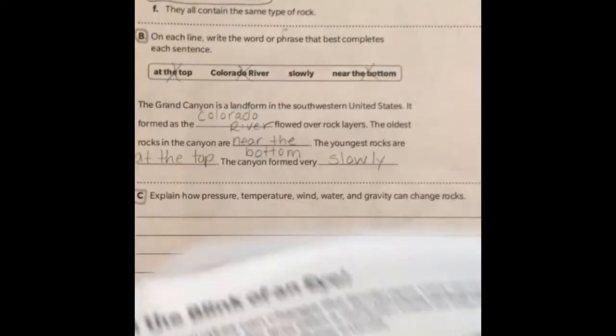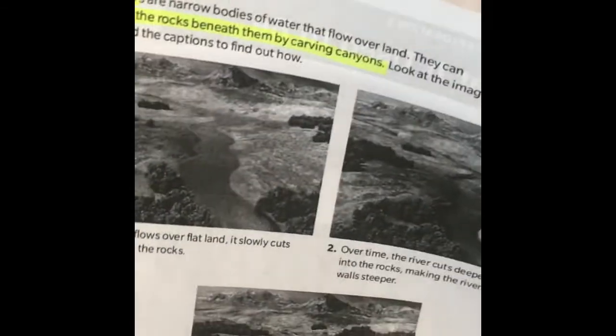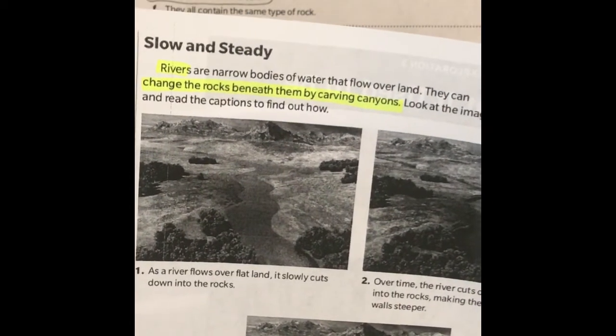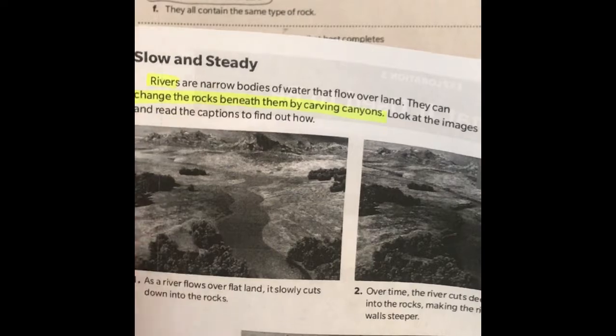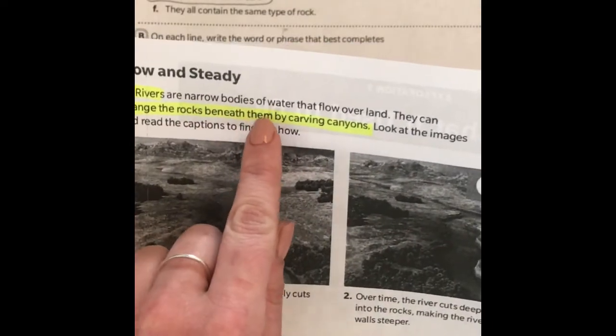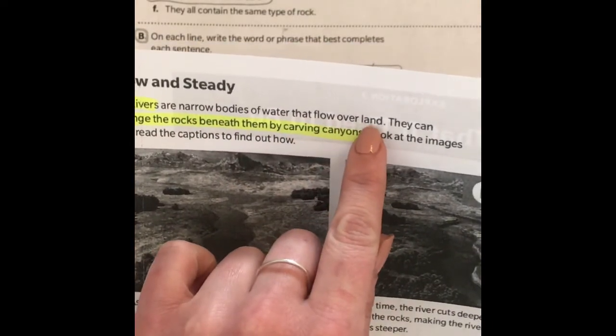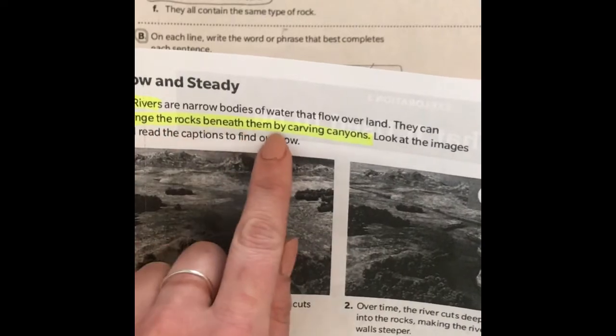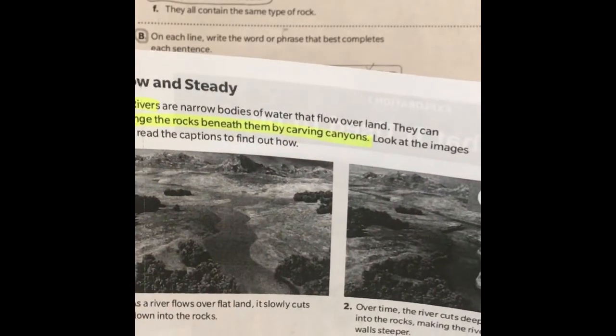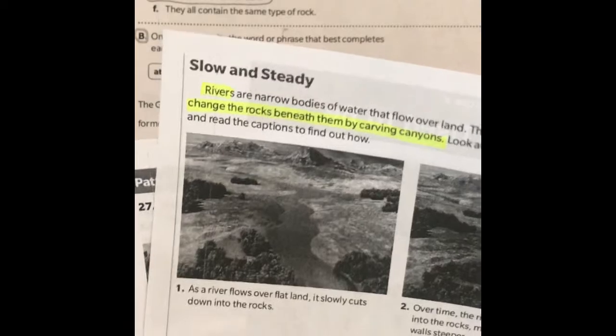So first, I found on page 472 where they talk about water. Rivers are narrow bodies of water that flow over land. They can change the rocks beneath them by carving canyons. So that's how water can change.